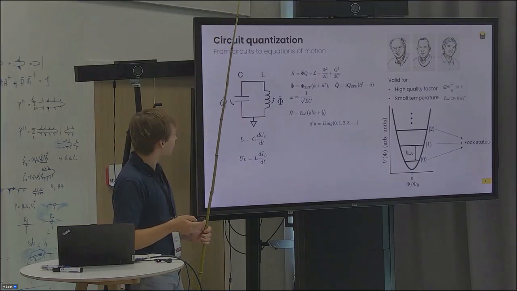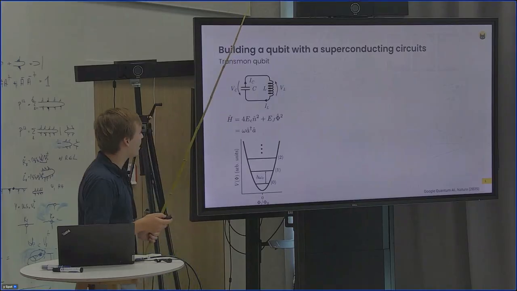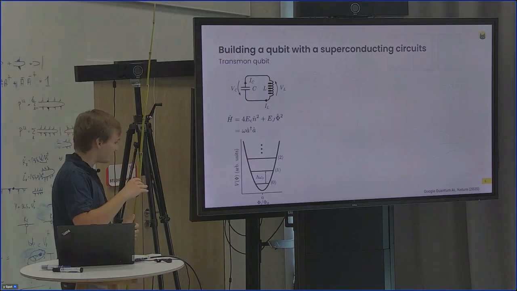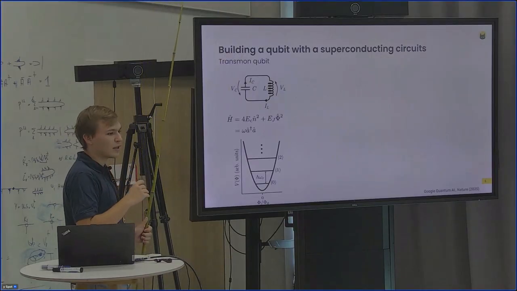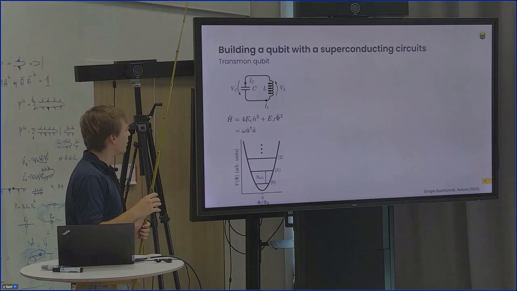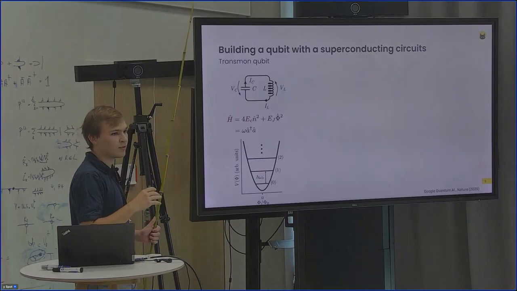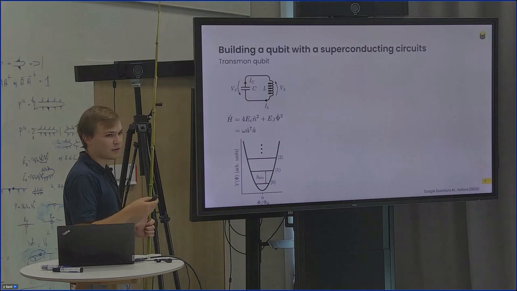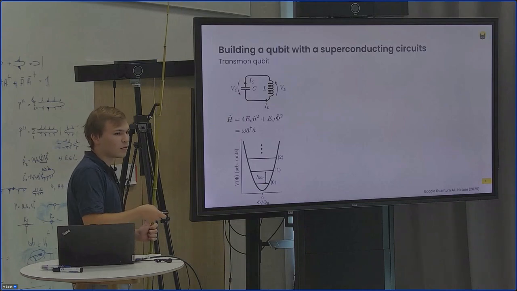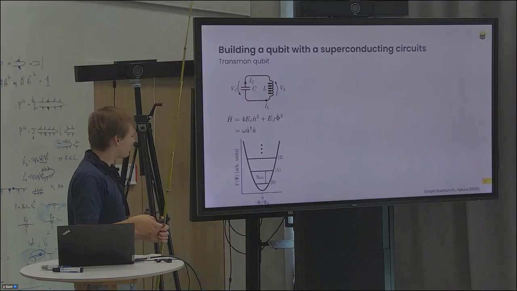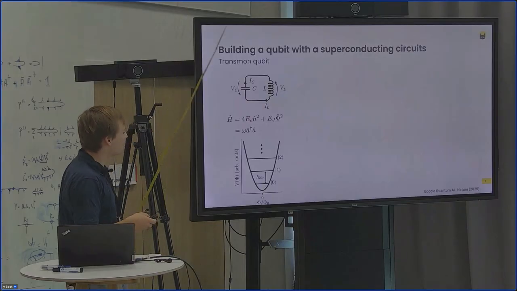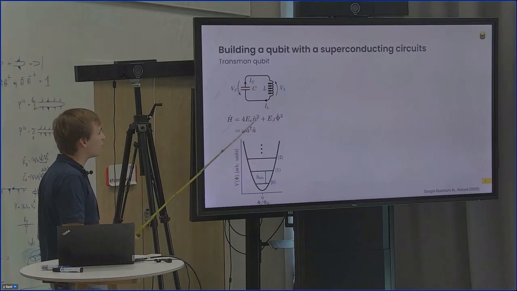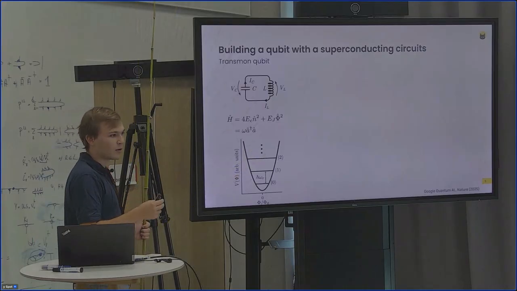So with the system that I just described, you were able to build a Hamiltonian whose energy levels are well separated, and they are separated by the same distance every time. So if you want to actually build a qubit with that, it will be kind of hard, because if you send a microwave pulse to your system, so you just send energy to your system, then you will excite all the transitions in your harmonic oscillator, and so you are not able to isolate the 0 and 1 state.